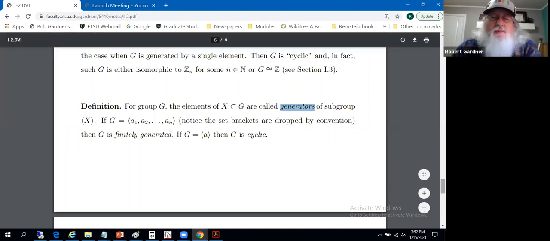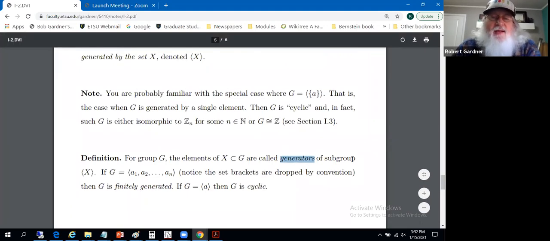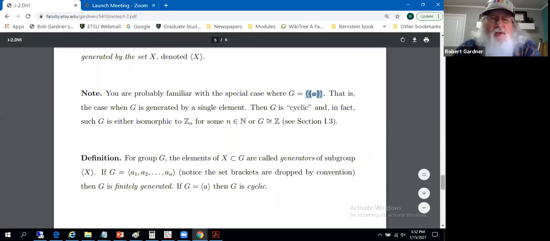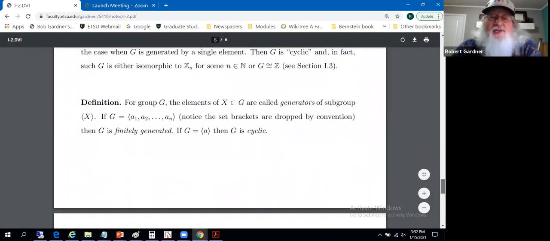And just to keep things clean, we made a little shift here, dropping the set brackets down here. Technically, groups are generated by sets of elements, so I need set brackets as given here. But let's be a touch informal, which is standard notation, and let's drop the set brackets when we actually list elements of the set. So finitely generated groups and cyclic groups.